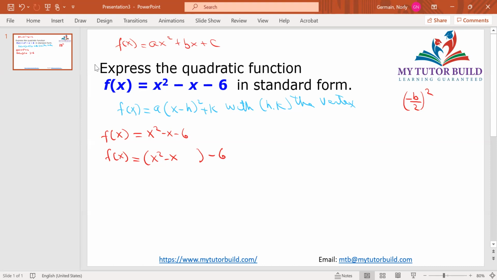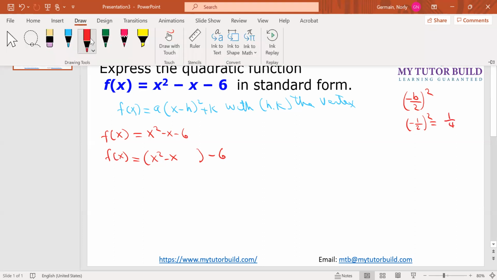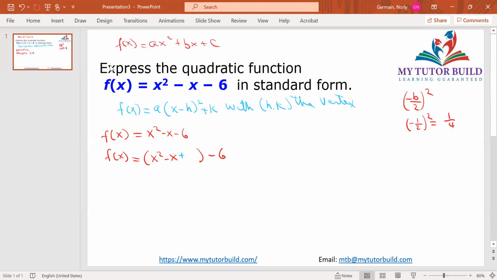If you take -1 divided by 2 and raise it to the power 2, that gives you 1/4. So we're going to add 1/4.